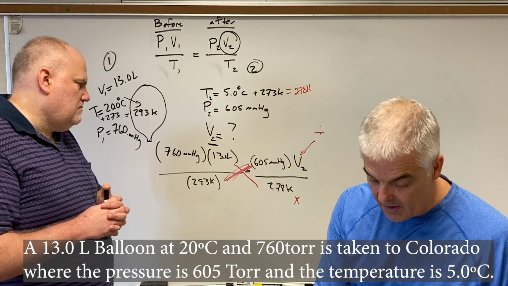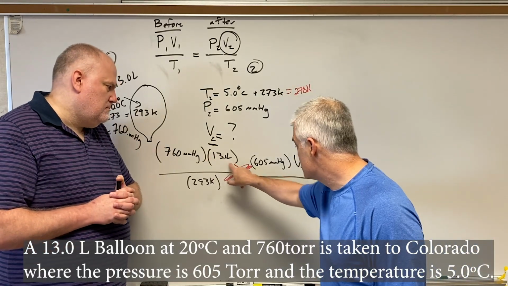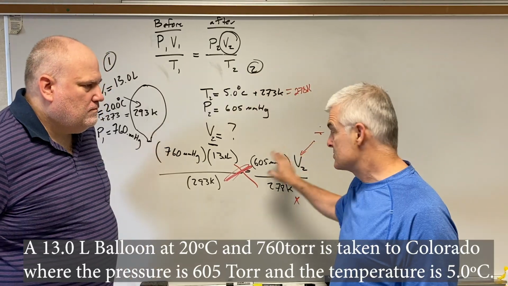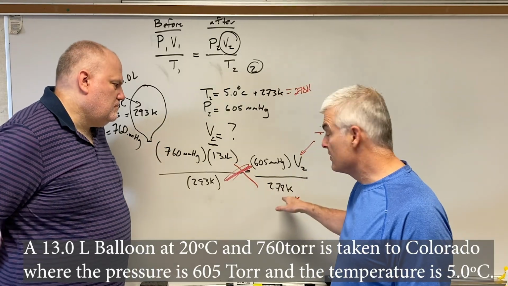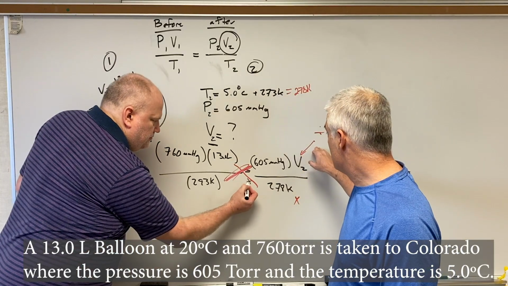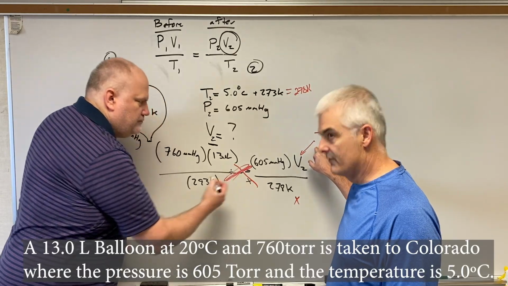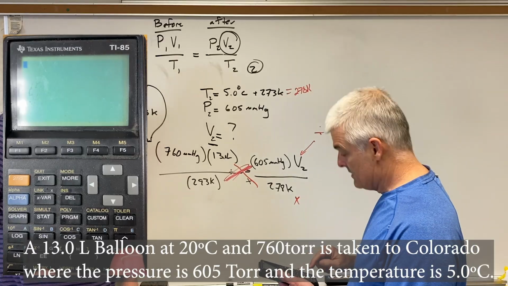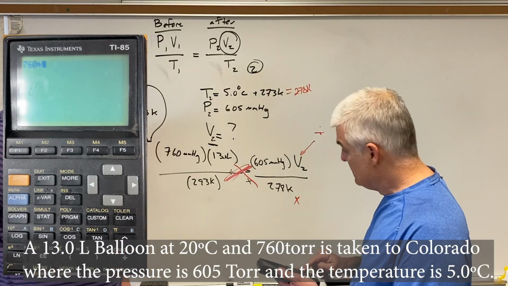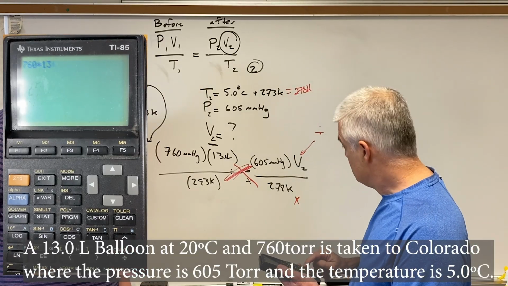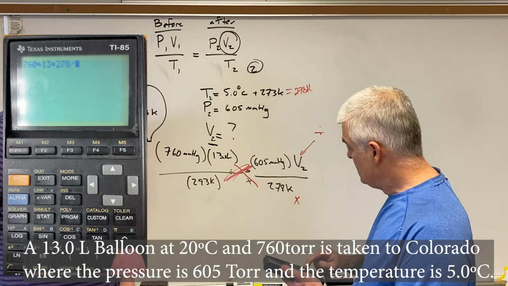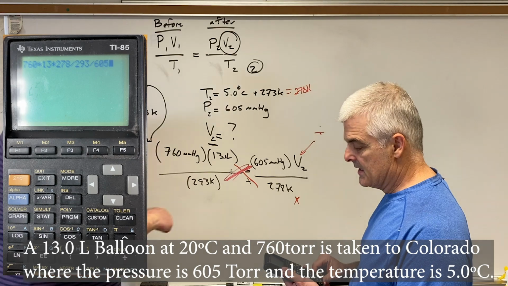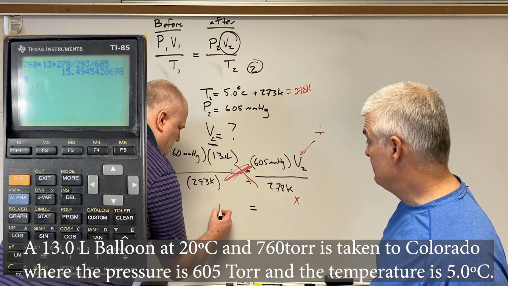On my calculator, I do 760 times 13 times 278, divided by 293, divided by 605, and I come up with 15.5. You always start with the multiplication first.